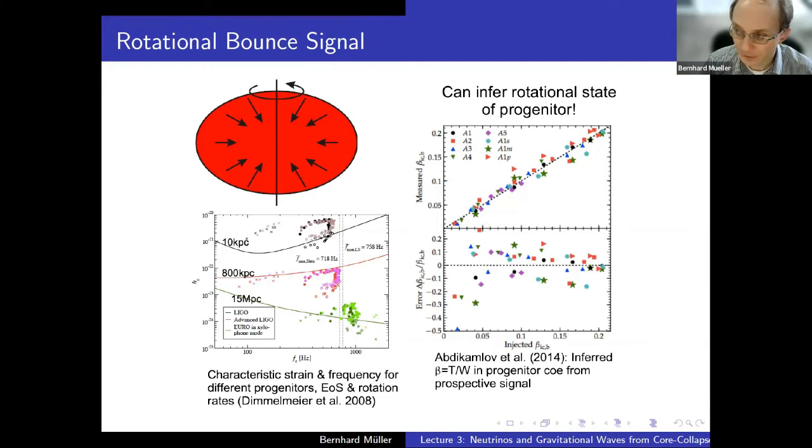That, of course, has significant scientific potential because it would give you a true measurement of how fast the progenitor core of a massive star rotates if we have a galactic supernova. And this is something that, as we discussed in the previous lecture, is really an open question in stellar evolution, and we have no other direct way to measure that.